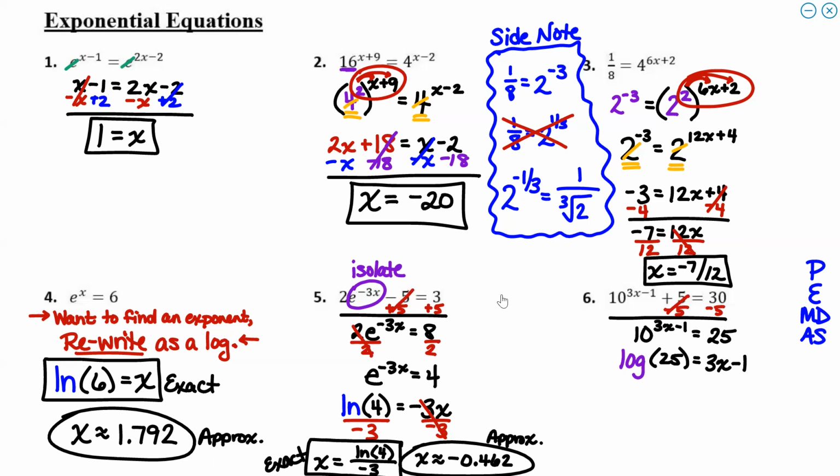All right, so I have 4 to the power of 2x plus 3 equals 14. Can I rewrite 14 as a base to a power? No, 14 is 2 times 7. There's absolutely no way. It's not a power of 7. It's not a power of 2. I cannot rewrite that.